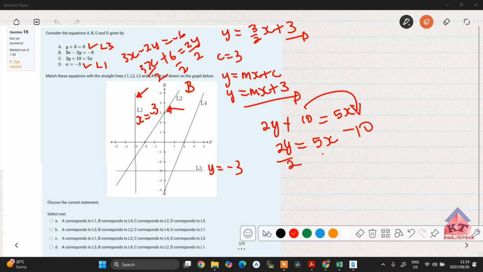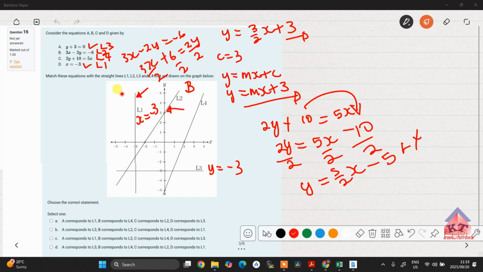Then to get rid of the 2, we divide throughout by 2, and it's y equals 5 over 2 x minus 5. So it's obvious that this corresponds to L4, and B corresponds to L2.